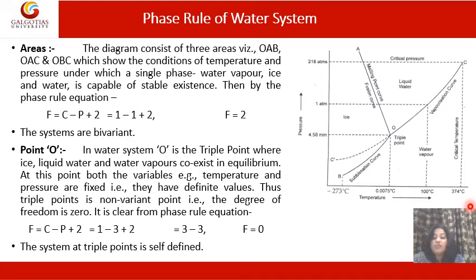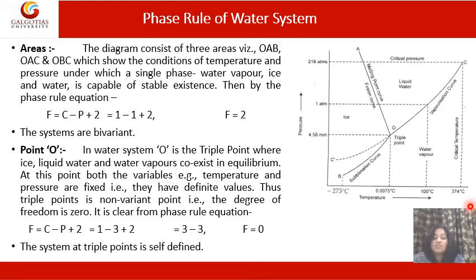The effect of heat will simply result in more of the solid melting, but there will be no increase in temperature or pressure until all the solid has completely changed into liquid. Then the system will change from non-variant to univariant. Similar is the effect of pressure.